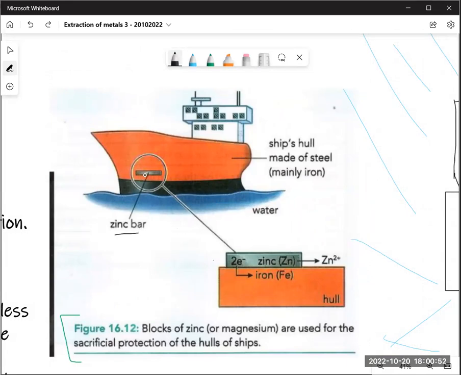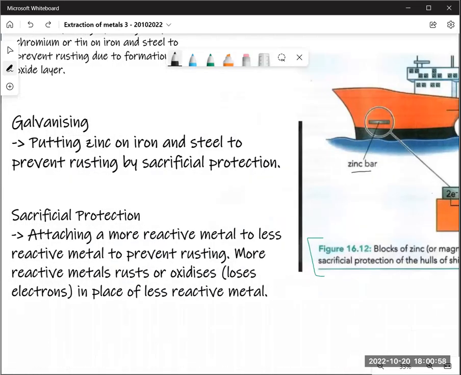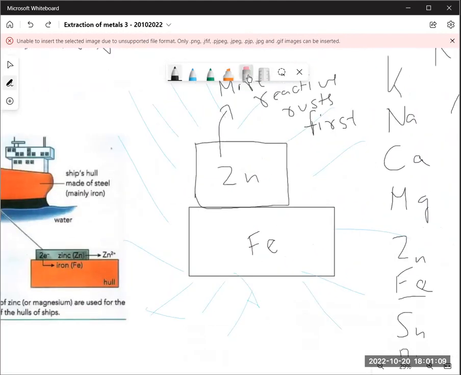That is why we put a zinc bar on top of the iron ship. This is called sacrificial protection. If you put something more reactive on top of something less reactive, the more reactive one rusts first in place of the less reactive one. If all of this is finished, the whole thing goes away, and then iron will start rusting. Is that clear?